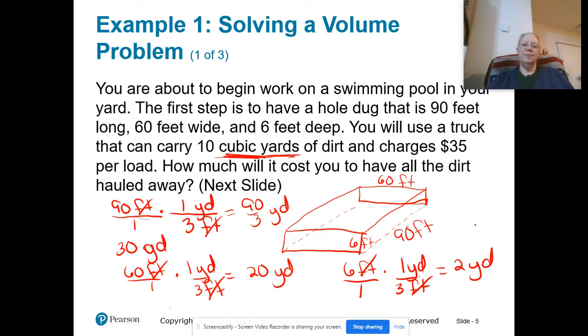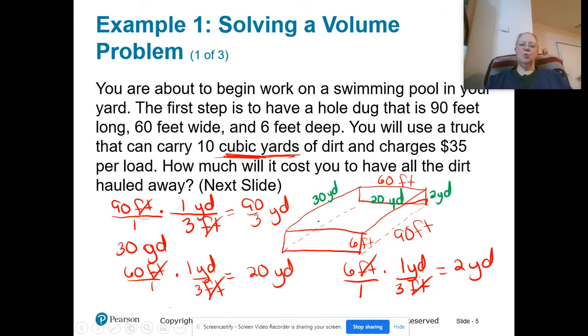Let's use green. And so now my new dimensions are going to be 30 yards, 20 yards, and 2 yards. So it's 2 yards tall, 20 yards wide, and 30 yards long.